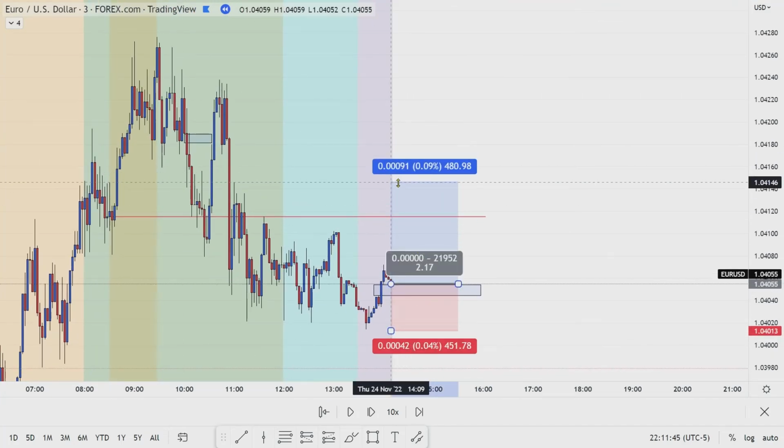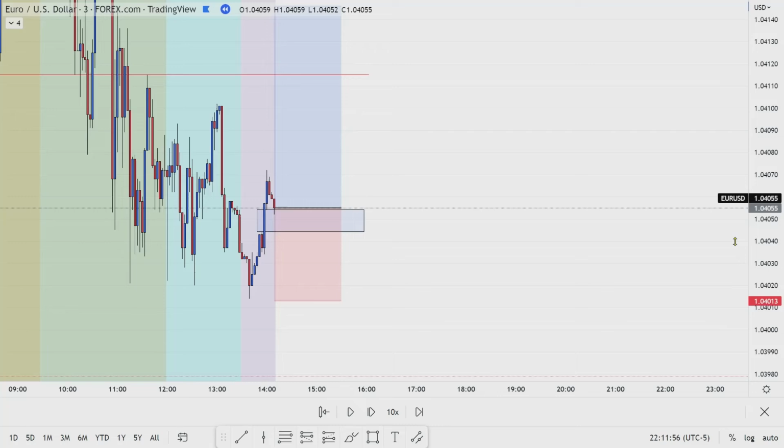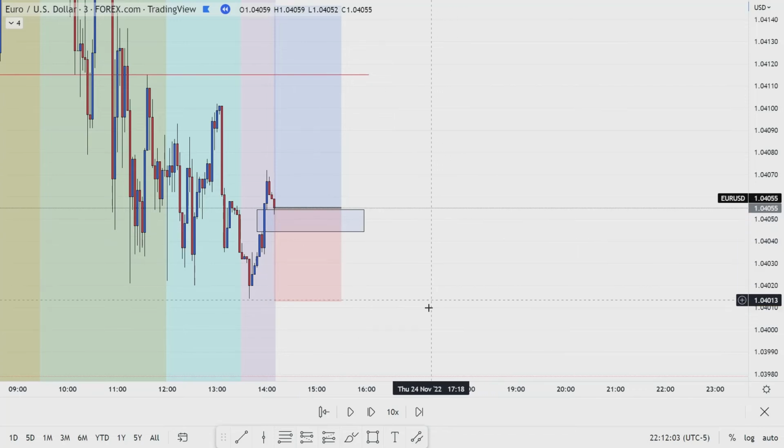Maybe even this high right here or this high, but let's just say this high right here. Now we're putting our risk reward right at that candle, and we're going to see how it plays out.